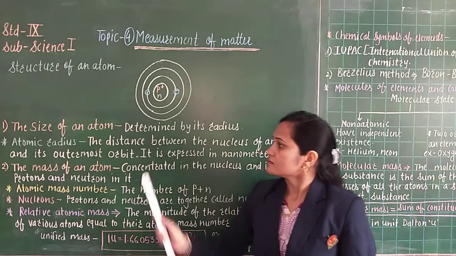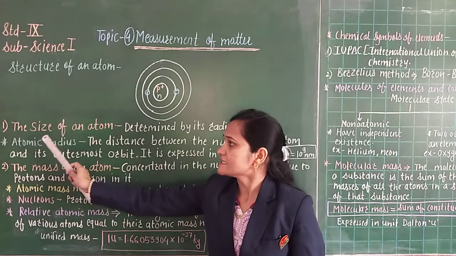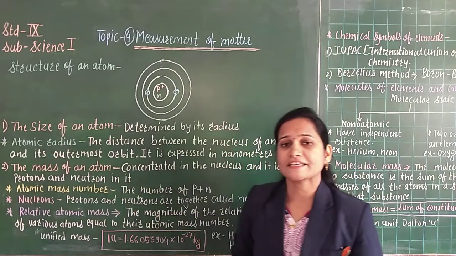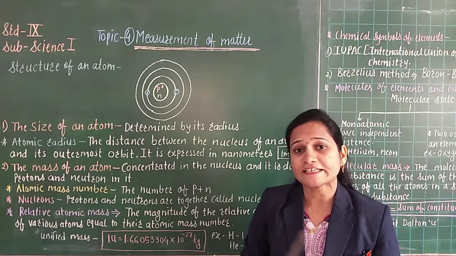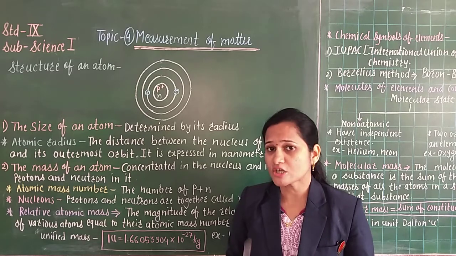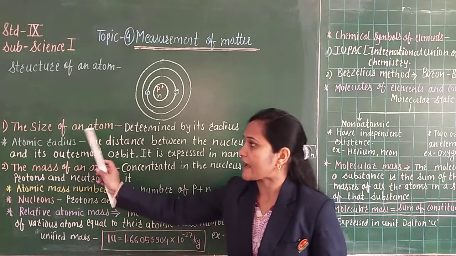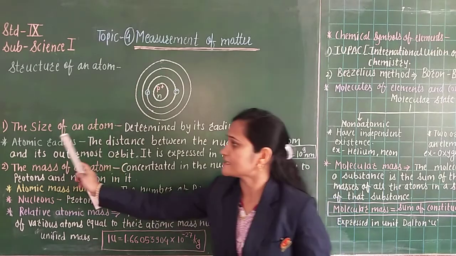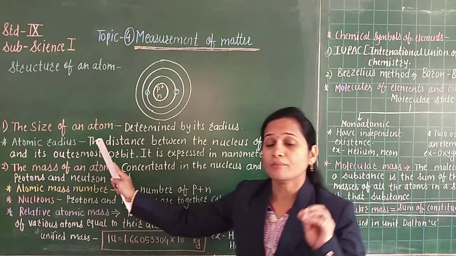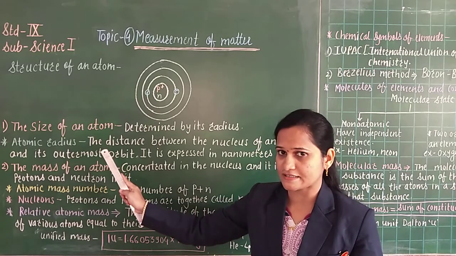The next point is the size of an atom. The size of an atom is determined by its radius, and because of that the size of an atom is also known as the atomic radius. Now we will see the meaning of the atomic radius.